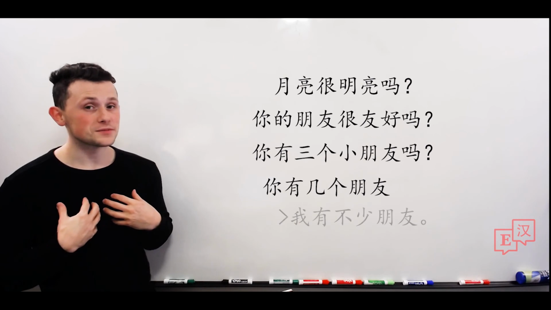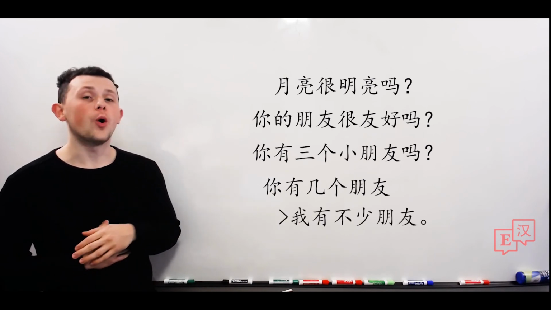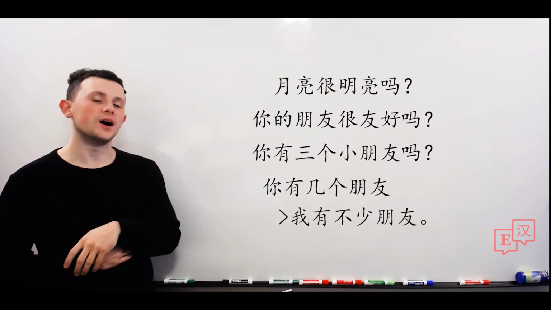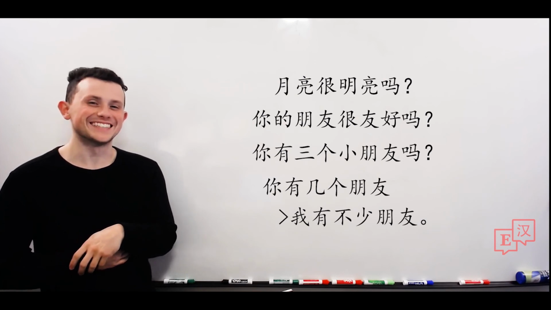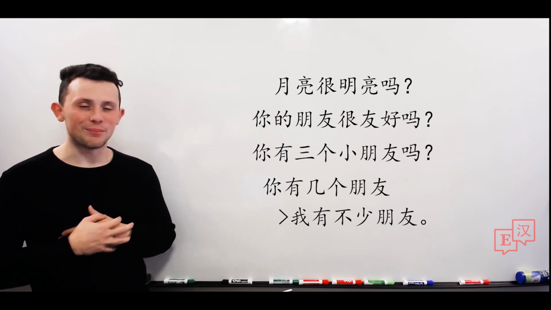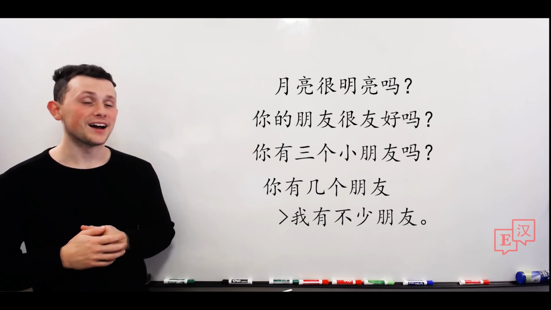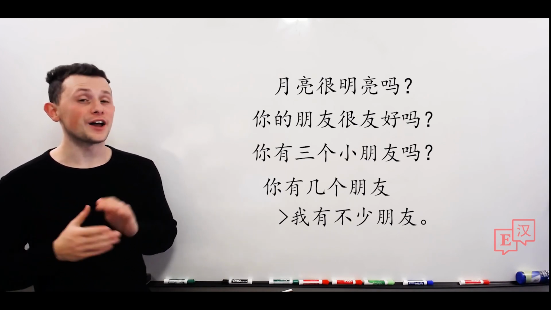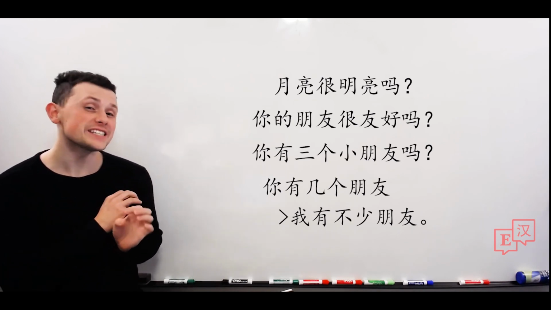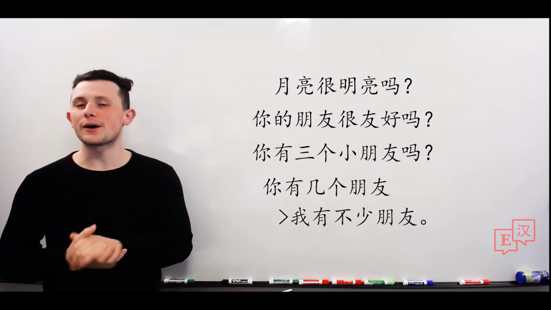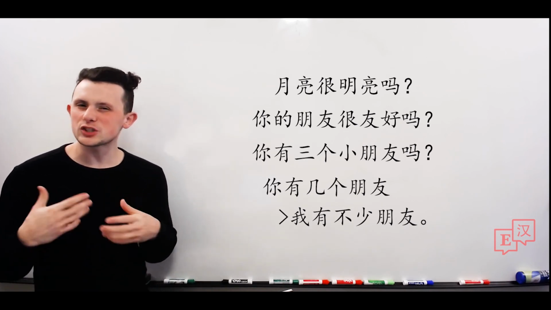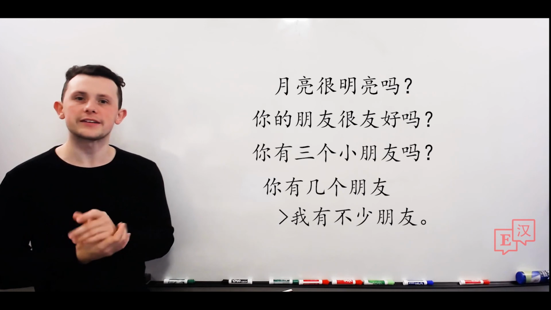My response? 我有不少朋友。我有不少朋友. Not to brag, I have a lot of friends. What we're literally saying here is I have no small amount of friends. But this essentially translates to I have a lot.